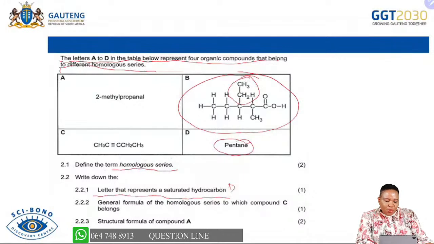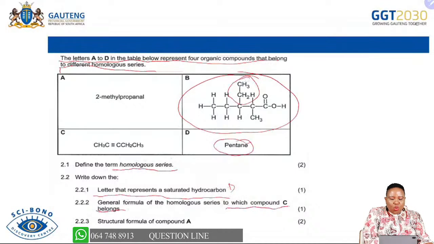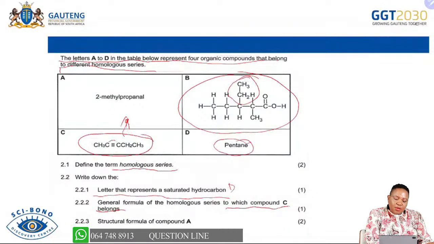And then the general formula of the homologous series to which C belongs. Remember, they don't want what C is, but they want the general formula of C. And as we did in the revision, you know that this is an alkyne because of the triple bond, so it's going to be CnH2n minus 2.